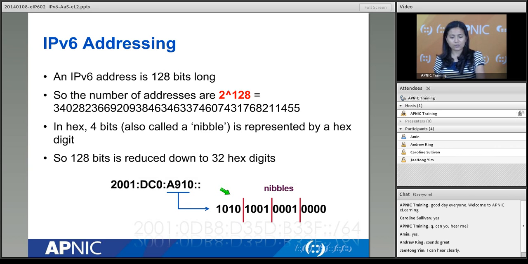Okay, A is 1010, 9 is 1001, 1 is of course 0001, and 0 is 4 zeros. Alright, so this is a valid IPv6 address. Notice it's 2001. Later on, when we discuss the different types of IPv6 address, try to remember this address and see which category or class it belongs to.